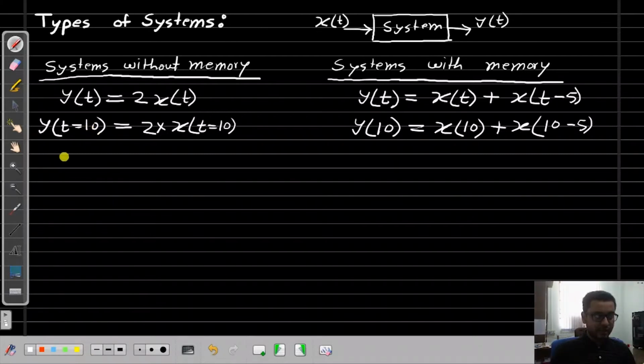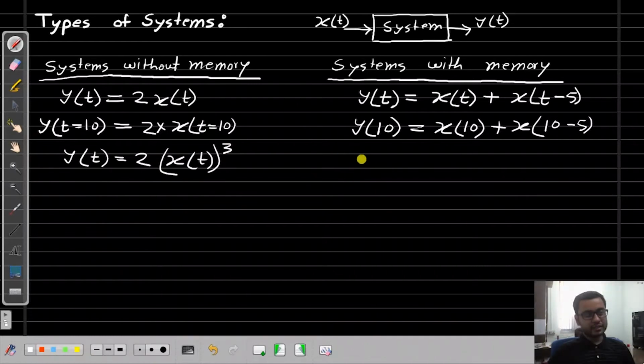Let us see some more examples, like output y(t) given by 2 x(t) cubed. Again, this is a memoryless system.